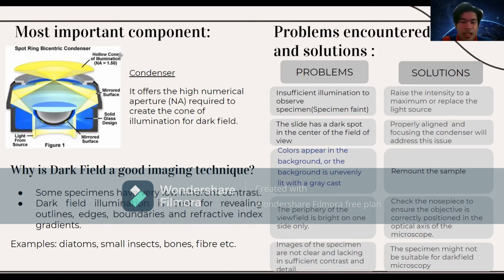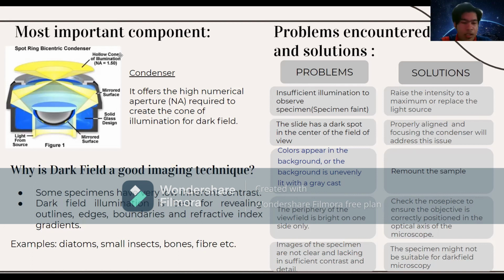Lastly, the problem that you probably encounter in the dark field microscope is that the image of the specimen is not very clear, lacking contrast and details, or I can say that your specimen is not fully recognized, because in the dark field microscope, some specimens might not be suitable for dark field microscopy.